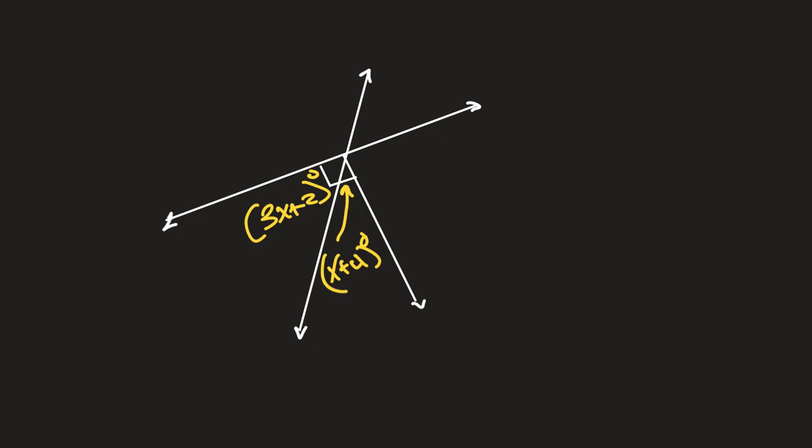Okay? So we've got this 90-degree angle here. Both angles are going to have to add to give me 90 because they are complementary. So with this particular example, we're going to have to go 3x plus 2, that angle measure, plus x plus 4 equals 90. So we're going to take both angle measures, which are represented by binomials, and set them equal to 90.